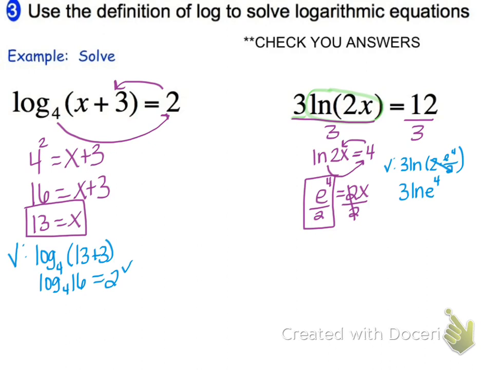And if you go ahead and punch that into your calculator, or we know that the ln of e is 1, and we can bring the 4 down in front, so we'd have 4 times 3, which is 12, and we can see that it does work. And remember, that's because the ln of e is just a 1. Okay? And so you can see in this case, both of these work.